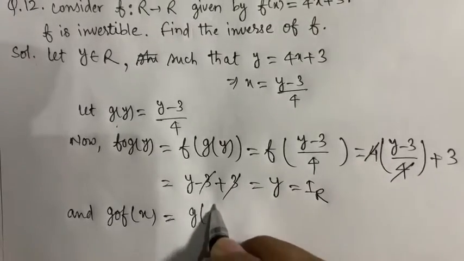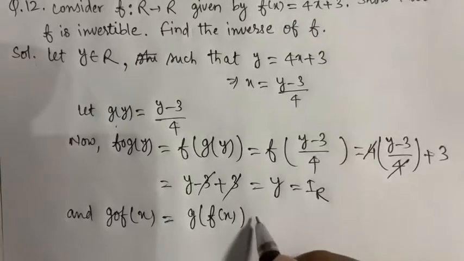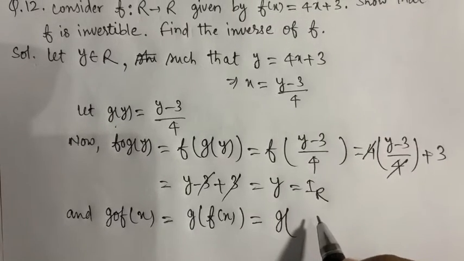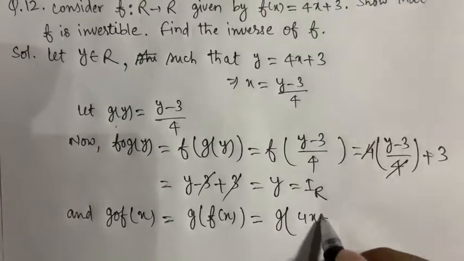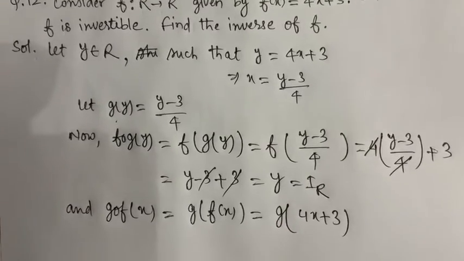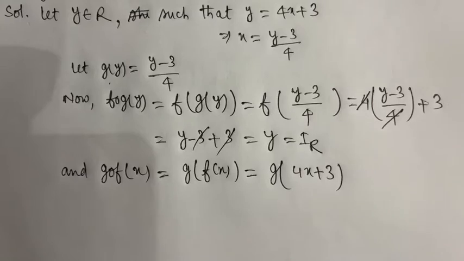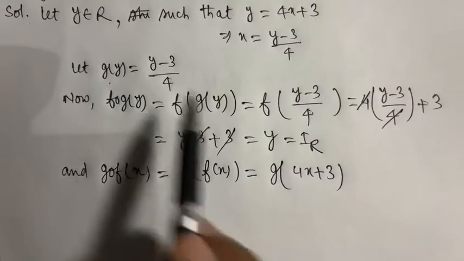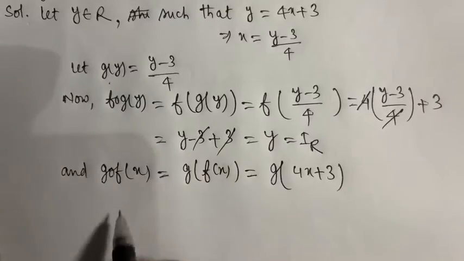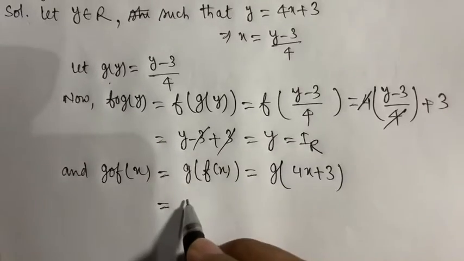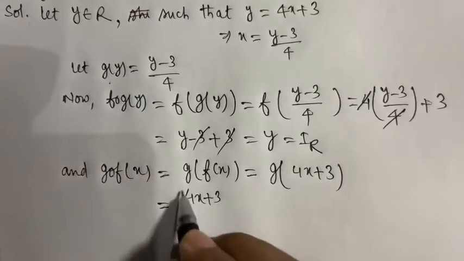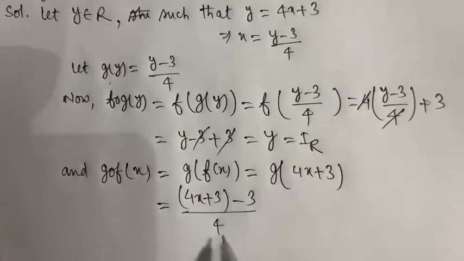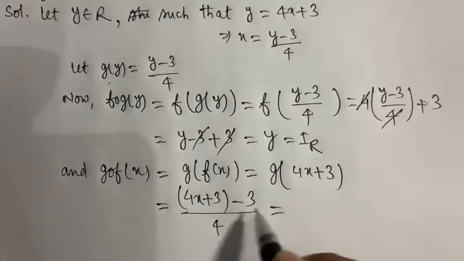Now g(f(x)) is: f(x) is 4x plus 3. We will put in place of y the whole thing there. In place of y we have this one, it is (4x plus 3 minus 3) upon 4. We will simplify it.